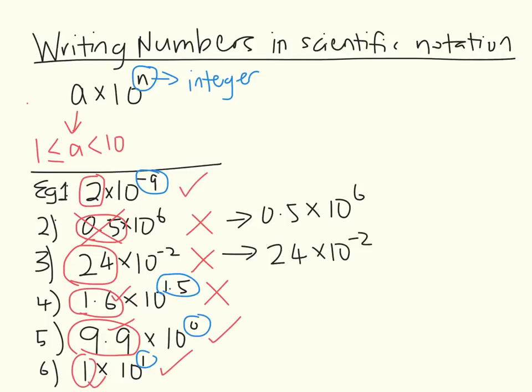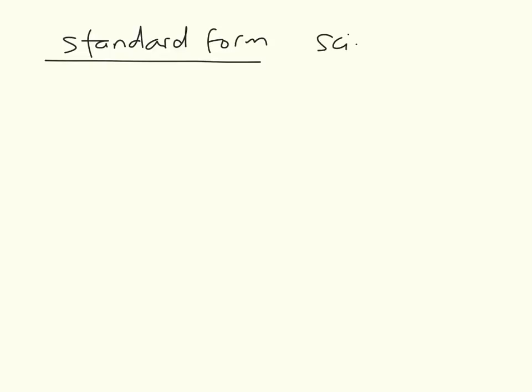We will look at it again later on how to write them into scientific notation. So I will now look at how we can convert some numbers into standard form and into scientific notation.